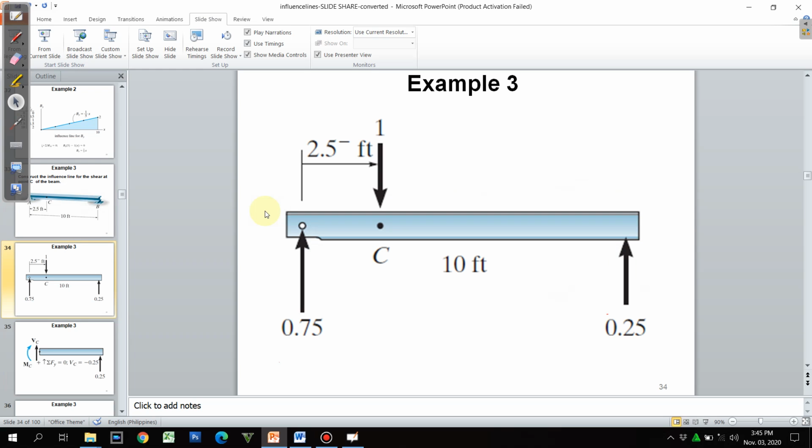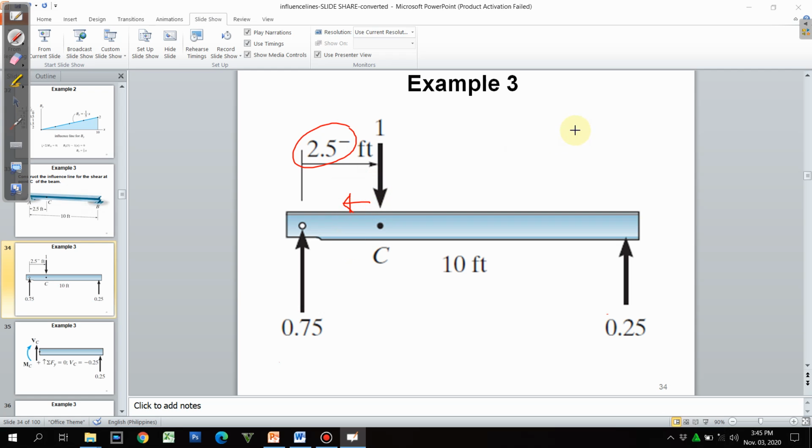So 1 here is just left of C. In this slide, it's represented by negative 2.5, negative meaning towards this direction.